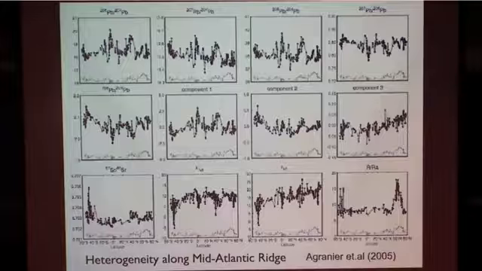Here's another way of looking at that same question. This paper looks at heterogeneity along the mid-Atlantic ridge. Well, actually the whole mid-Atlantic ridge. Each of these little mini plots is something that varies with latitude. Oh, it's really fuzzy. I apologize for that.